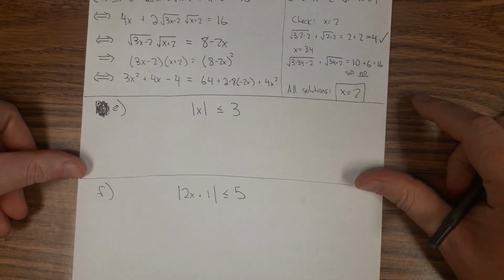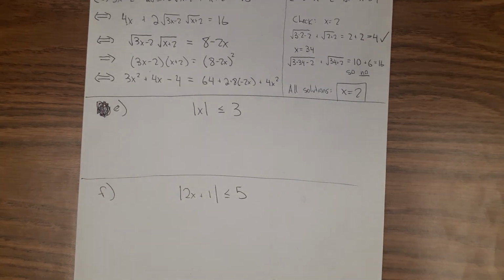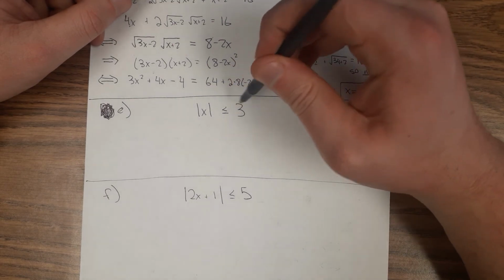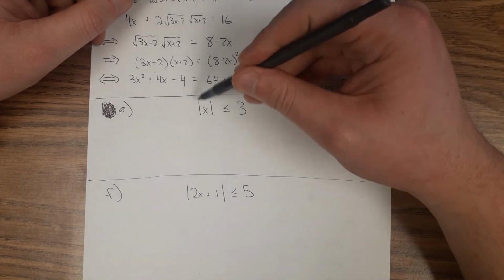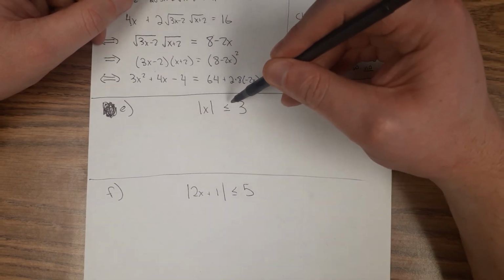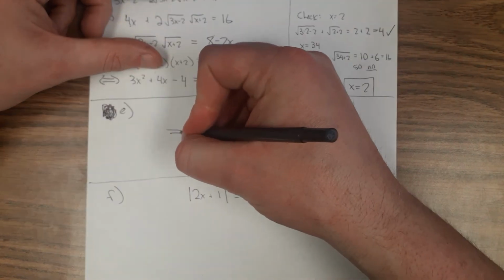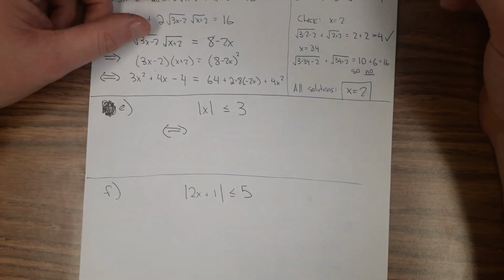All right. Now let's do a couple of easy ones that are just about solving inequalities and absolute values. So if you have an inequality like this, it's the absolute value of something and it's set less than or equal to a number. Here's the rule.